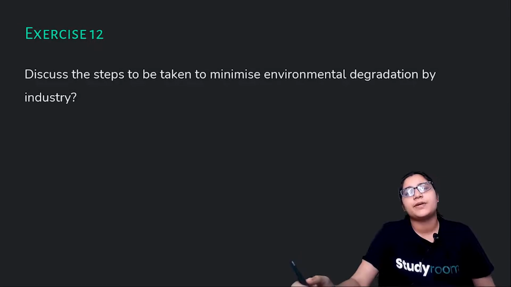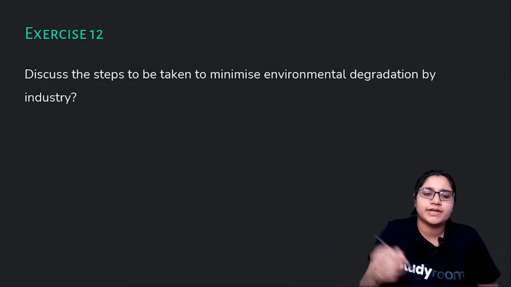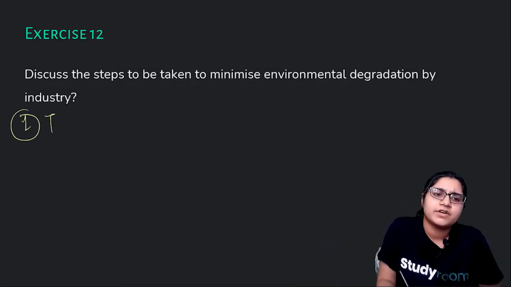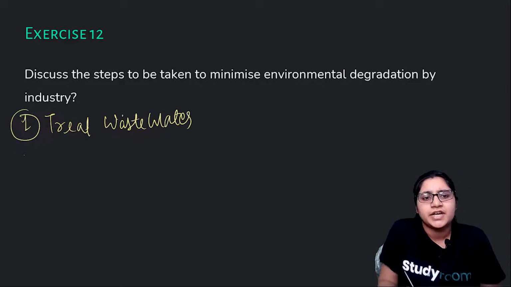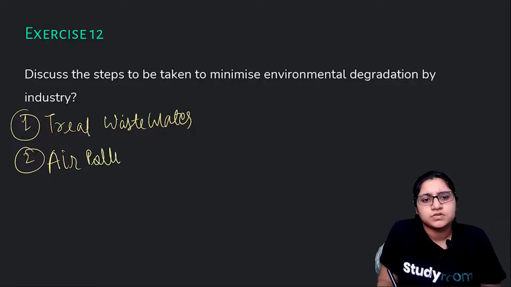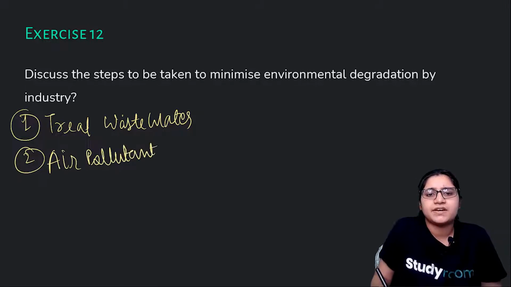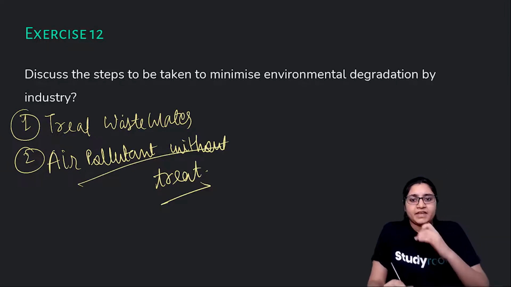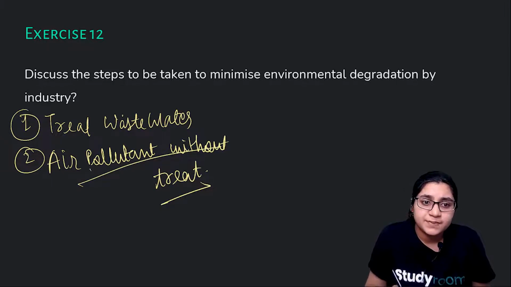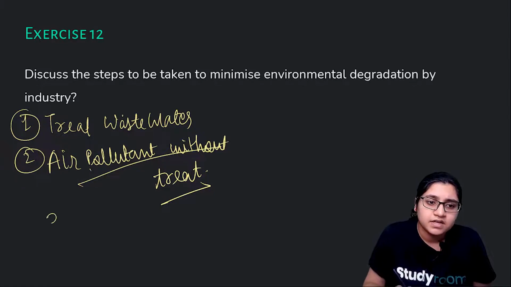So discuss the steps to be taken to minimize environmental degradation by industry. We have already discussed: treat wastewater before discharging. Air pollutants should not be suspended without treating. Firstly treat them and do not suspend any particulate matter in the air.